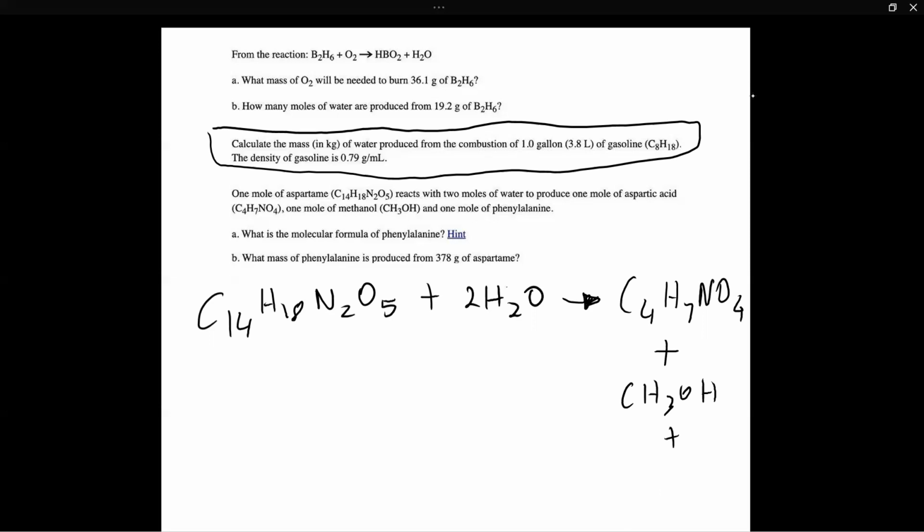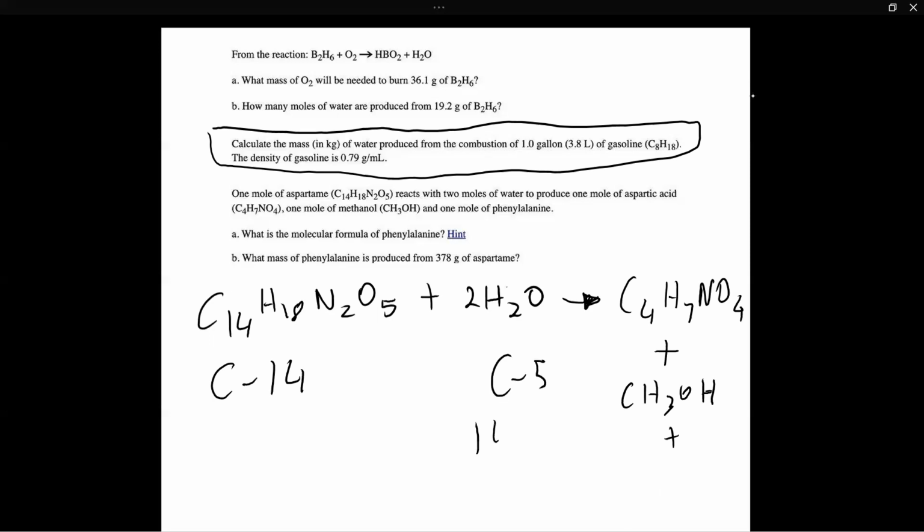The molecular formula of phenylalanine is basically made up of the elements that have not been used yet. So for example, on this side, you have 14 carbons, but on the right-hand side, you have only used 5 carbons.